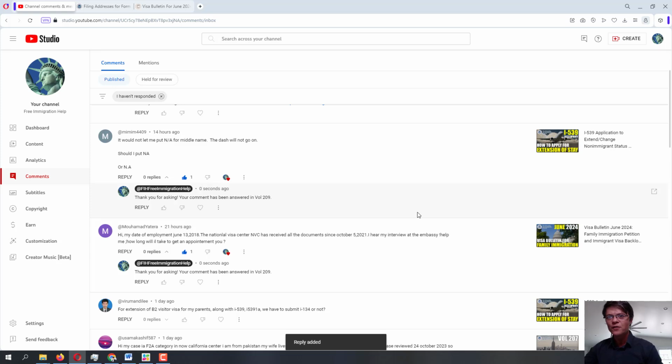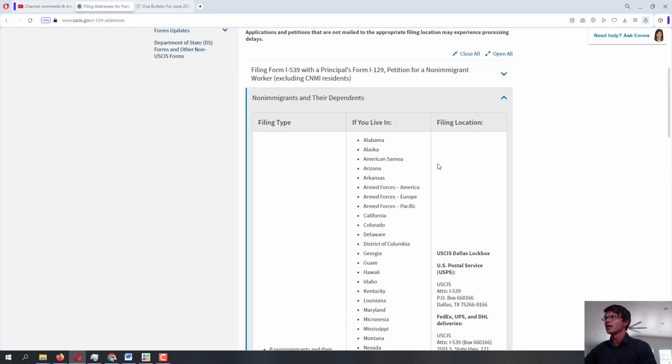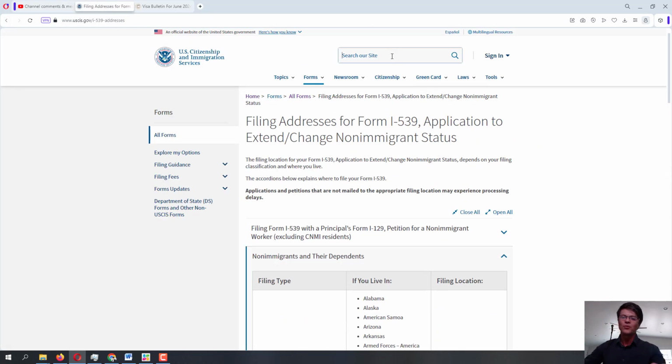Looks like again from Virum Andili: for extension of B2 visitor visa for my parents along with I-539 and I-539A, do we have to submit I-134 or not? So I-134, if I remember correctly, that's an affidavit of support. Let me double check. And no, you don't have to do that with I-539.